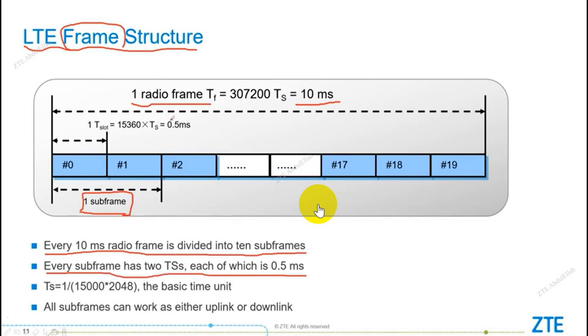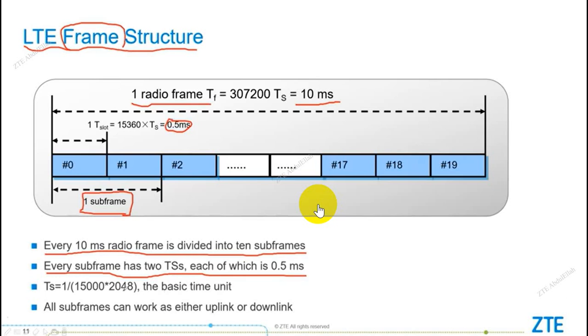So here you should understand, in the LTE frame, one frame is 10 milliseconds and includes 10 subframes, each subframe is 1 millisecond and includes 2 time slots, and each time slot is 0.5 millisecond. You should understand frame, subframe, and time slot, and the relation between them.